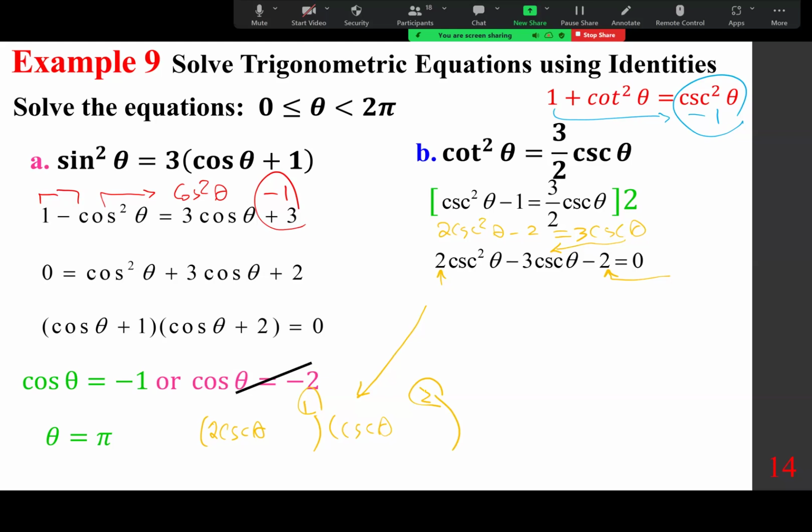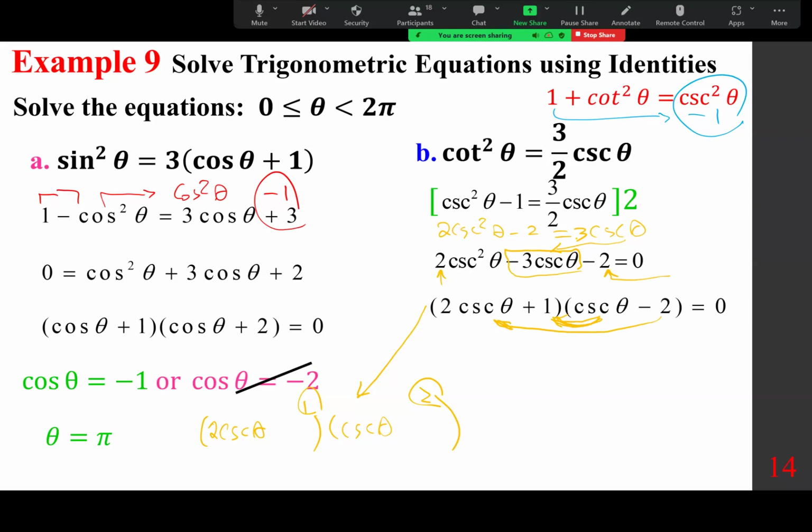So you do the trial and error. This is what you end up with. Please understand, the product of these two is 1 cosecant theta. The product of these two is -4 cosecant theta. And they do add up to -3 cosecant theta. This is how you check. You check the middle term.